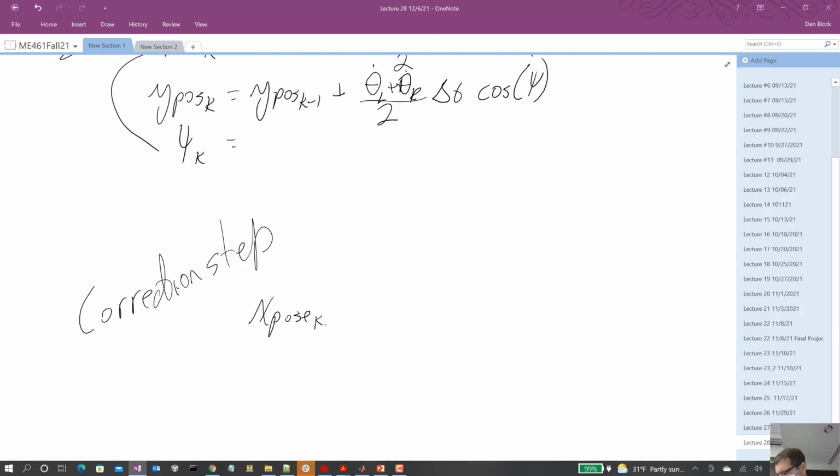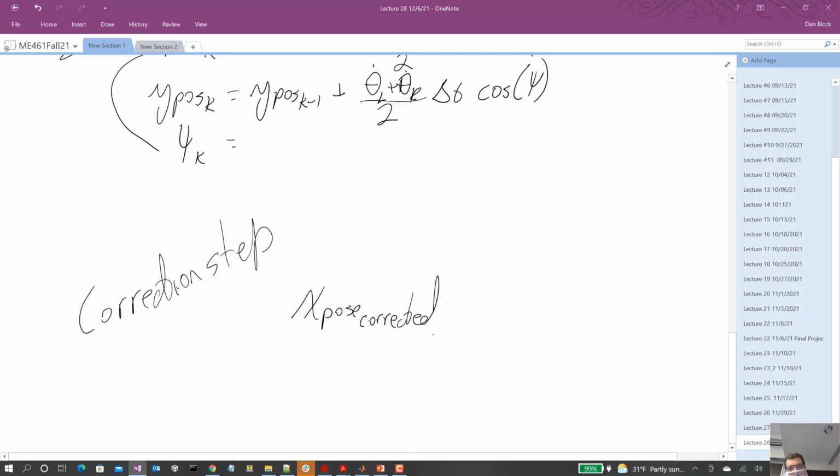What we have is our X pose at k given... let me think. How am I going to write this? Let me not worry about it. So we're going to say, my corrected state, X pose corrected, let's call it that.